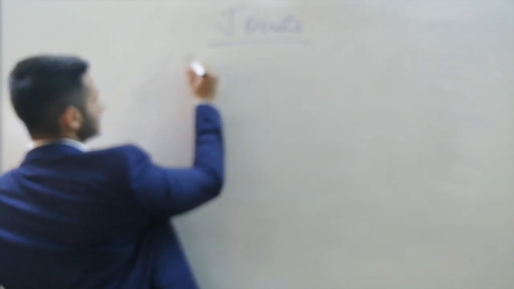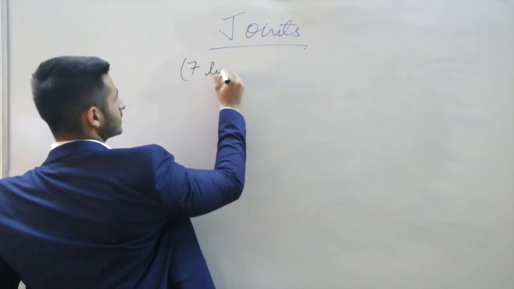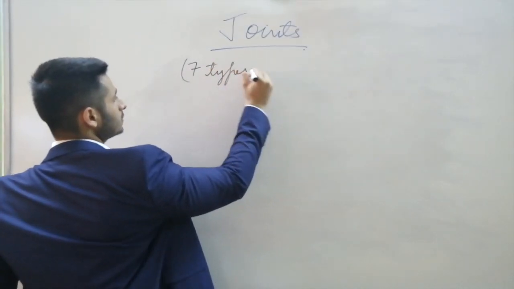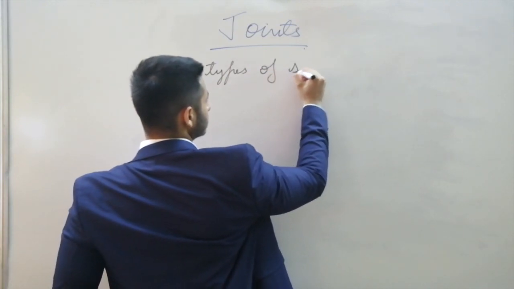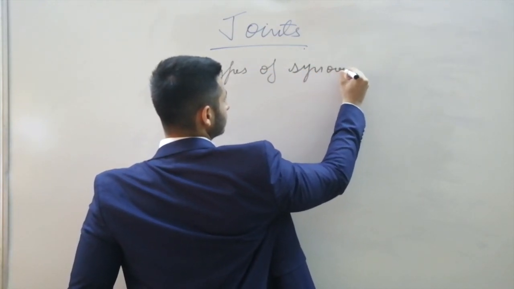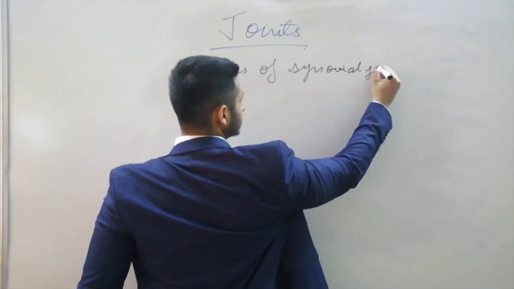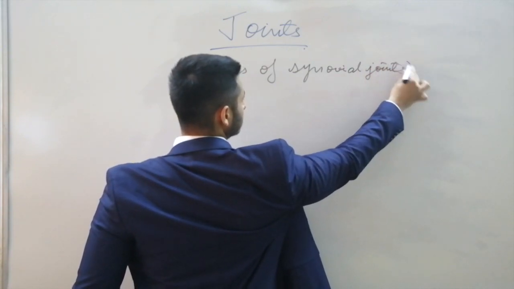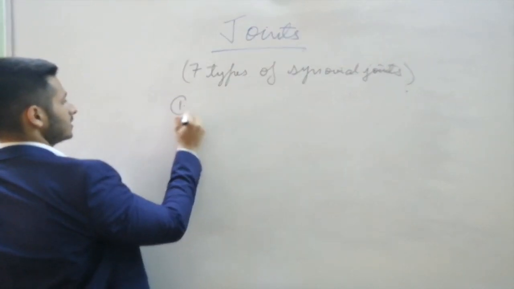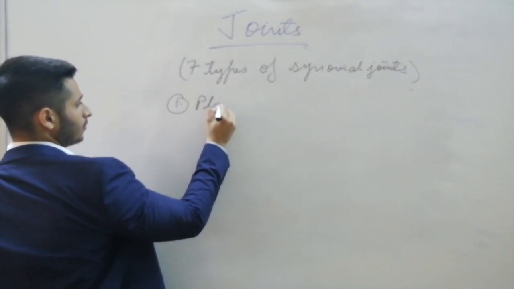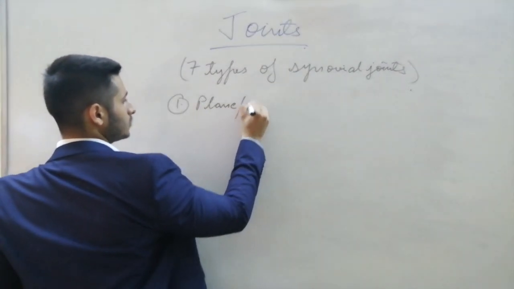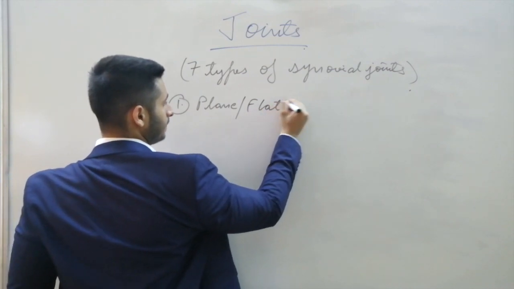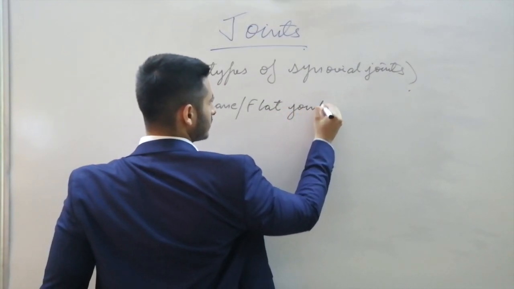Now, there are 7 types of synovial joints. The first one is plain or flat joints.